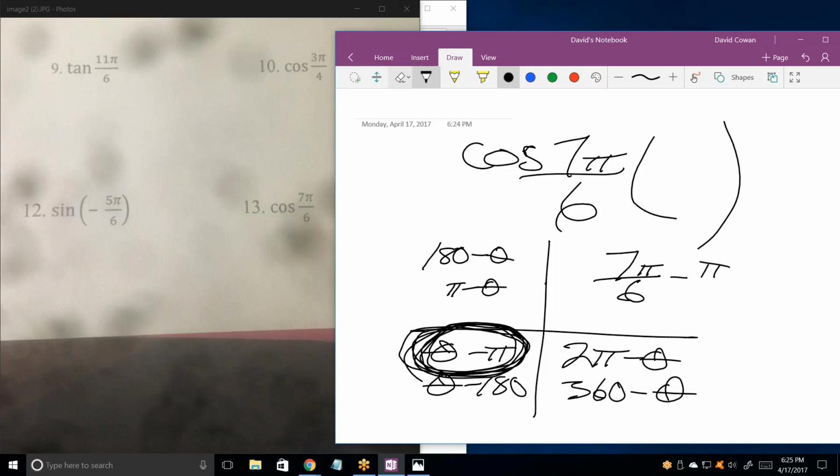We're getting that from that right there. That's the formula we use whenever we're in the third quadrant, is we take our angle and we subtract pi from it. That gives us the reference. 7 pi over 6 minus pi. Well, pi is 6 pi over 6, so that's pi over 6, which is 30 degrees, not 60.